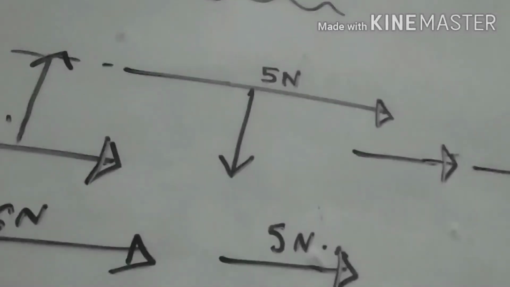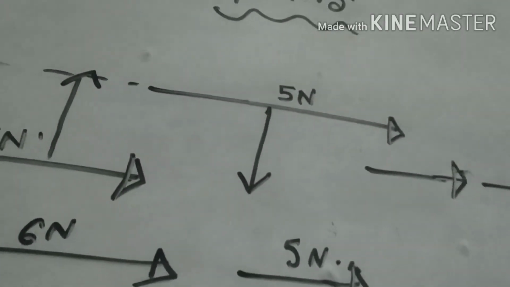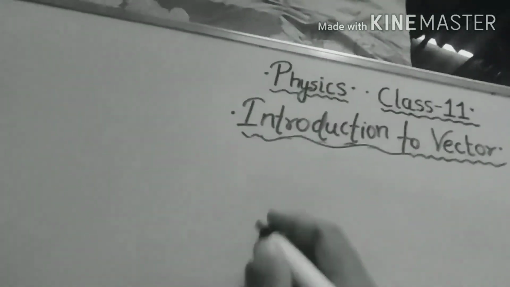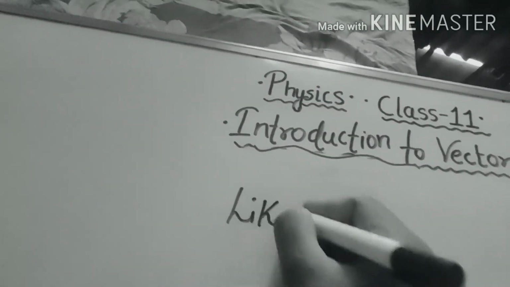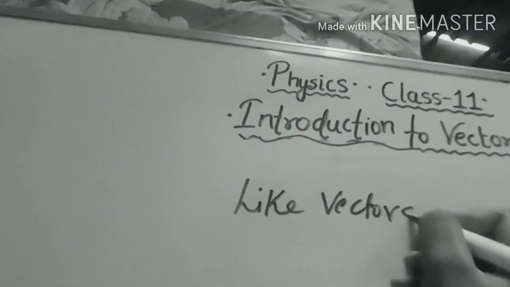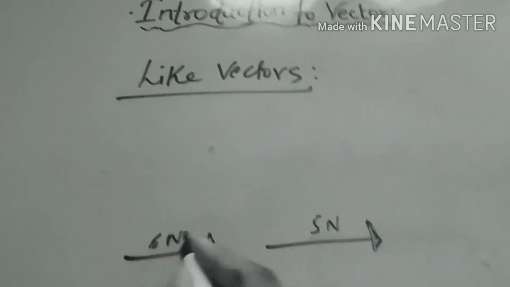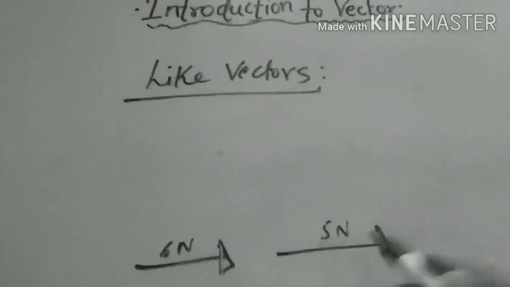Now we will be reading about like vectors, unlike vectors, equal vectors and opposite vectors. First we'll see like vectors. Like vectors are vectors which have the same direction. We have seen a vector of 6 Newton and a vector of 5 Newton, they both point towards the same direction, that is east.